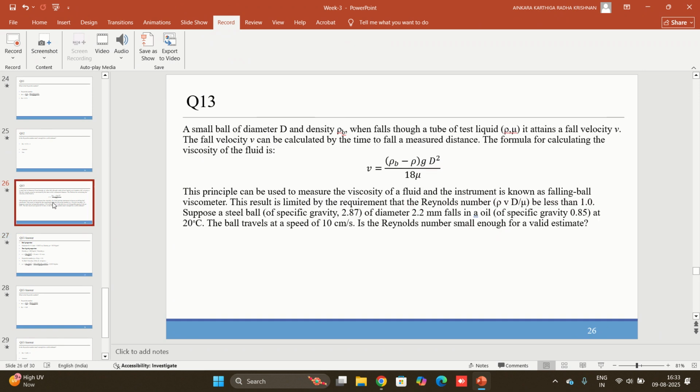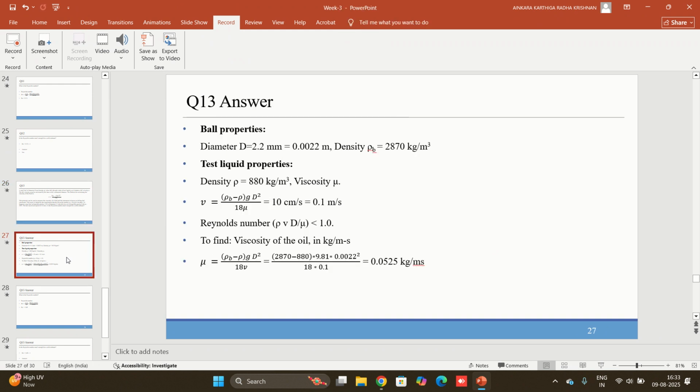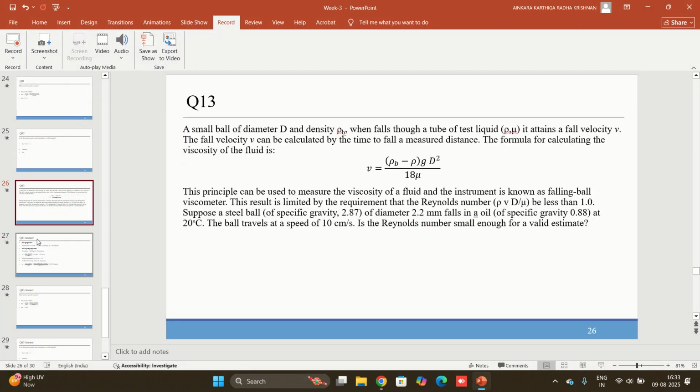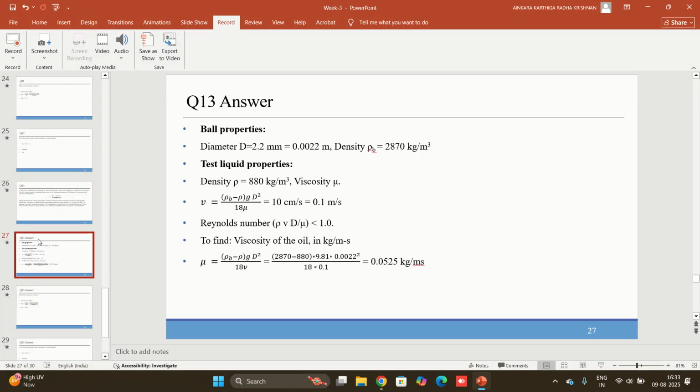Density is 880 kg per meter cube. Again, I didn't change the density here. The ball density is 2870, not 2.87. The velocity is 10 centimeter per second. Everything else is the same.